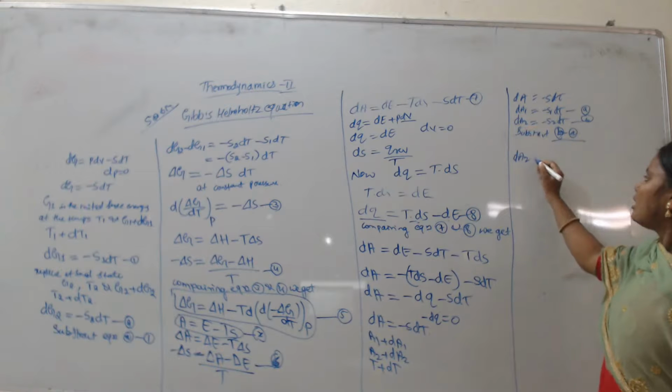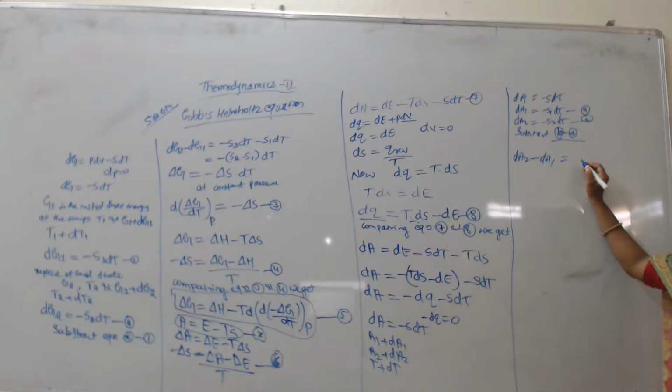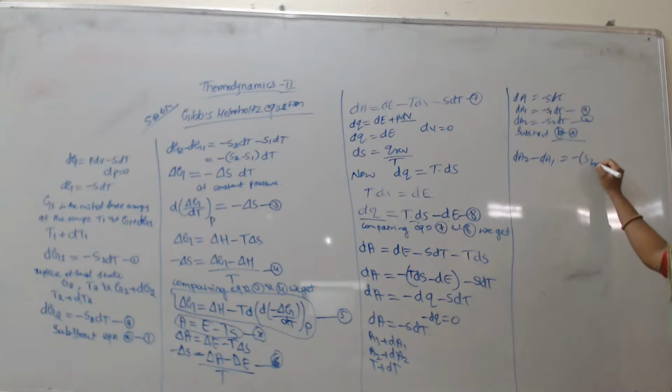dA2 minus dA1. Therefore, this is equal to minus of S2 minus S1 dT.